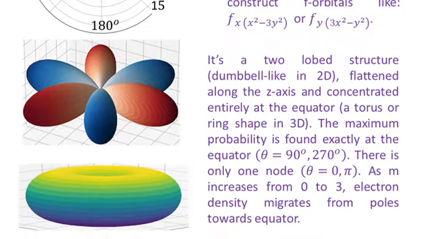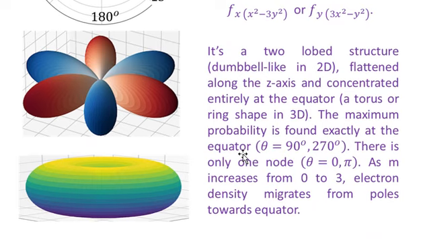The maximum probability is found exactly at the equator, that is on the xy plane. You can see the maximum probability as evident from this torus shape. The xy plane is equally probable, so the probability at all points around the xy plane is almost the same, but only varies with the distance from the center.